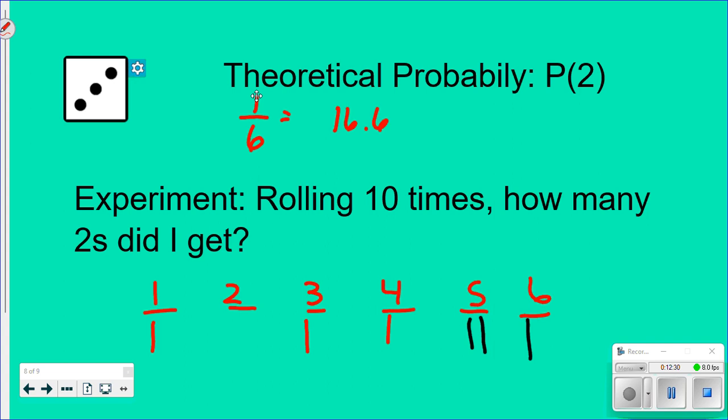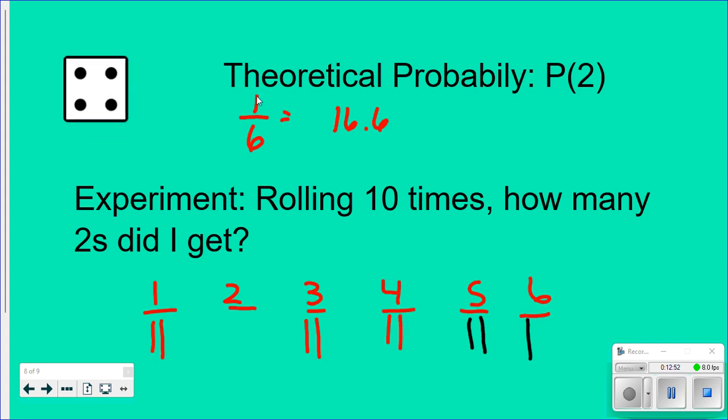3. A 1. So 2, 4, 6, 7, 8. 2 more times. 4.